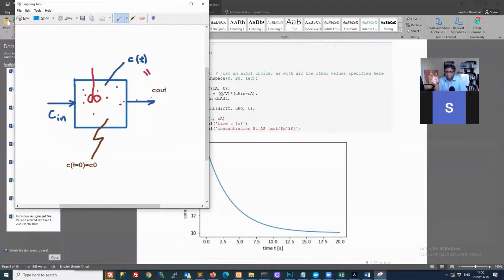Initially you had a certain amount of fluid in that reactor with a certain concentration. Then you started feeding in another stream with a different concentration. So slowly the fluid that's currently in the vessel is going to wash out, being replaced by the fluid coming in. And it doesn't happen all at once.